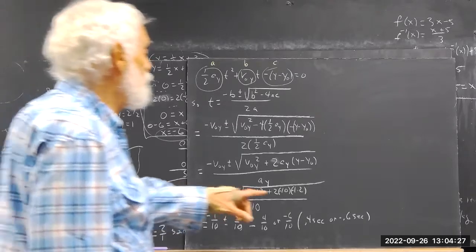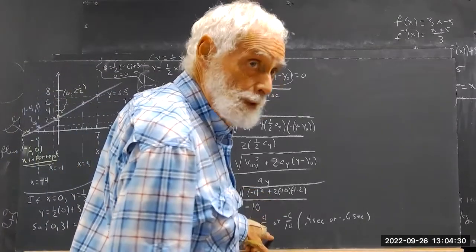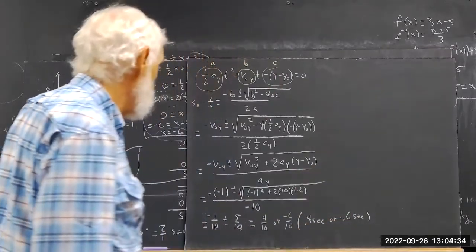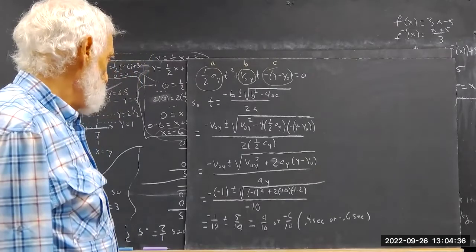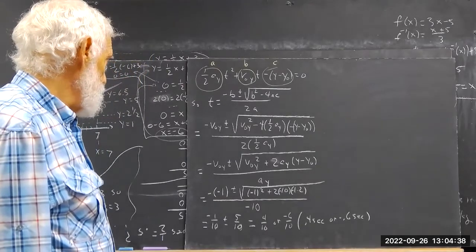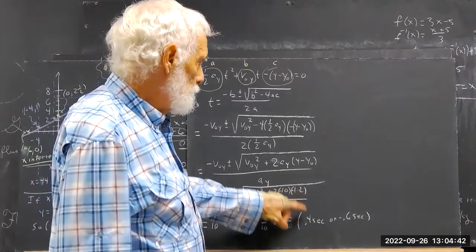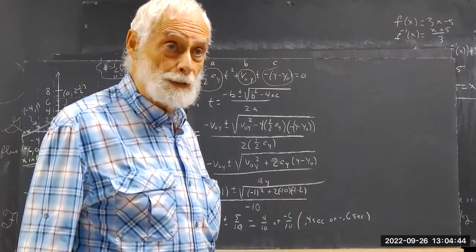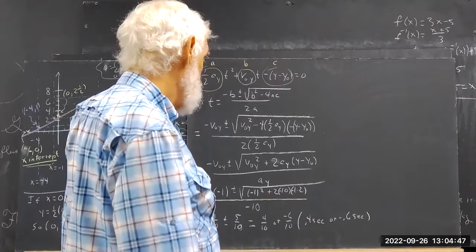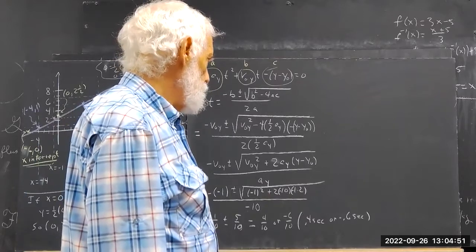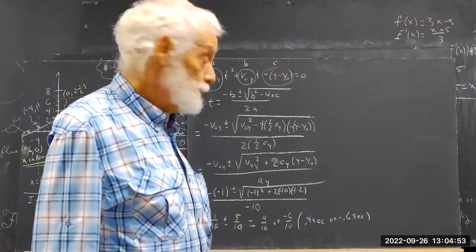Anyhow, one way to check this: that means the average velocity was negative 1.2 meters per second divided by 0.4 seconds. The average velocity is negative 3 meters per second.